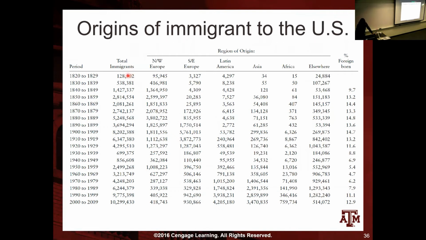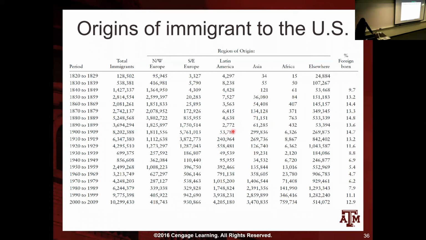These are the overall numbers of immigrants in the US, and these are the numbers by origin, between 1820 and 2009. We see that the numbers are much higher for North and West Europe, and also for South and Eastern Europe in previous decades. So up to the 1930s, you had a lot of people coming from Europe to the US. The numbers from Asia were also higher than the numbers from Latin America.